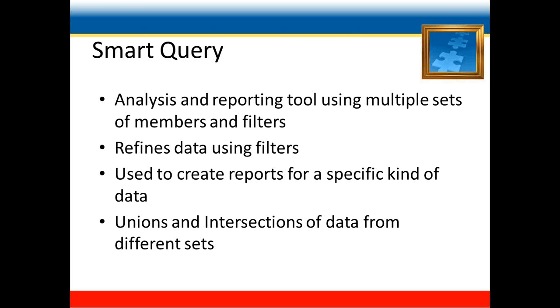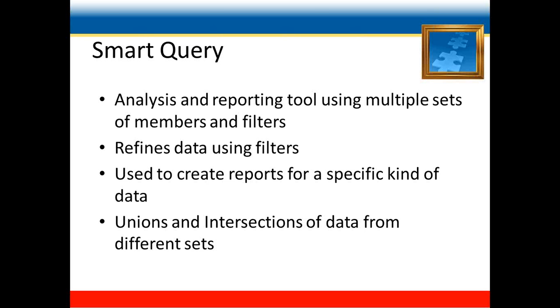It is generally a requirement to analyze only a slice of data of your database and execute queries over them. So Smart Query is nothing but a query that you prepare using different multiple sets of members, and then you go on applying filters to these members.